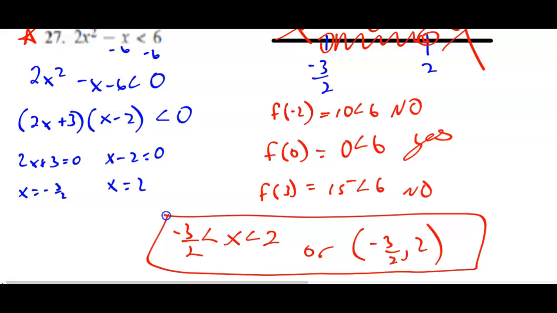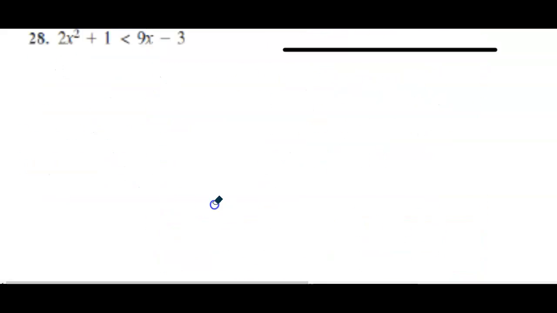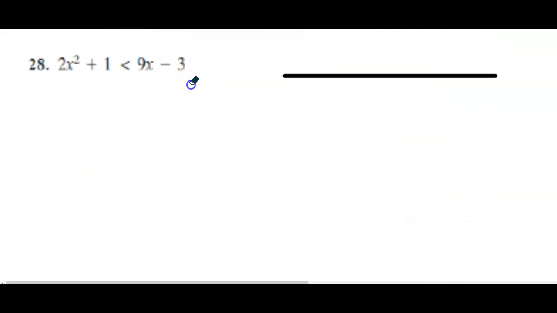Now, I'm not going to do this one so much. You can look at the answer key and see the solution here. But just to get you started, you will need to move everything to one side. So you will need to subtract 9x and add 3 to the other side to have 2x squared.